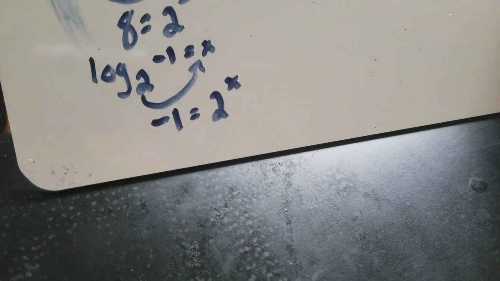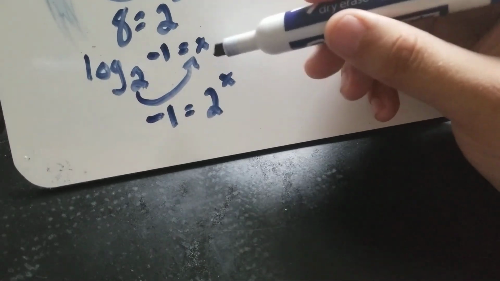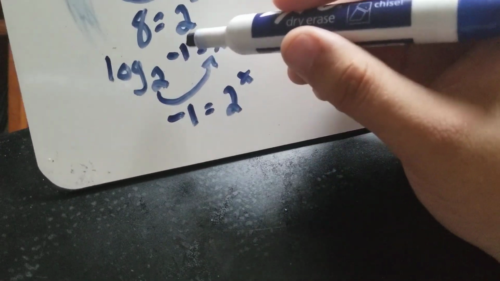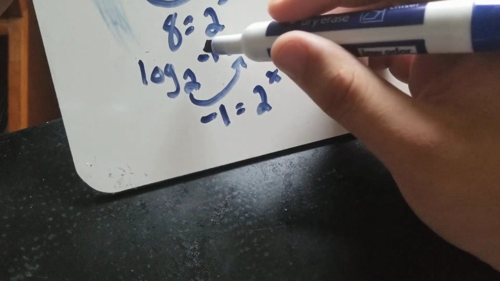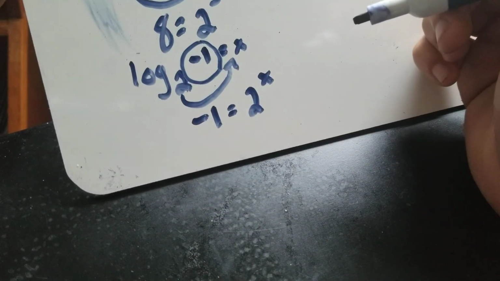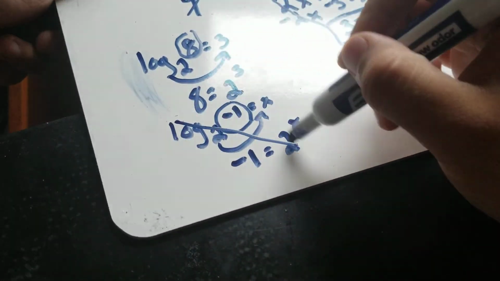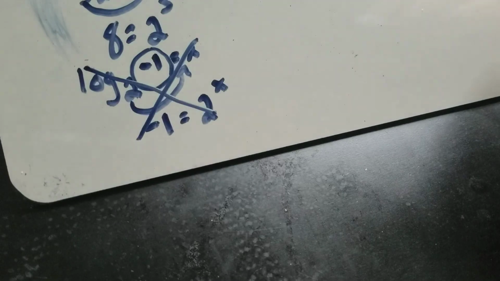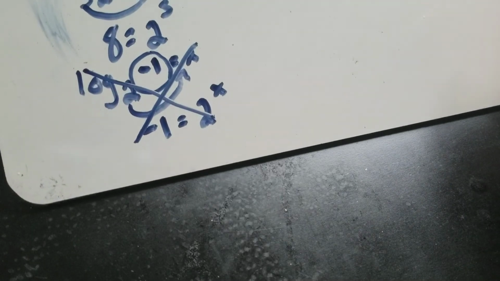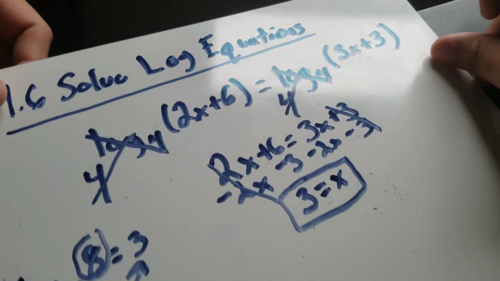This right here is impossible. And because this is impossible, this is considered an extraneous solution. So the rule is you can never have a negative inside the log. So this happens to be impossible, and we're not allowed to have a negative in the log. Mr. Tobel, how does that apply to today's lesson?